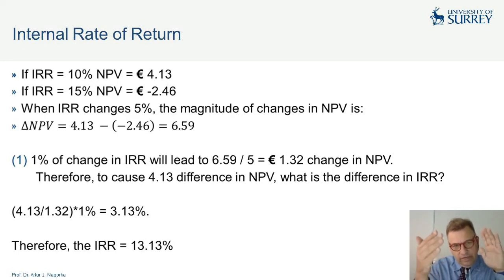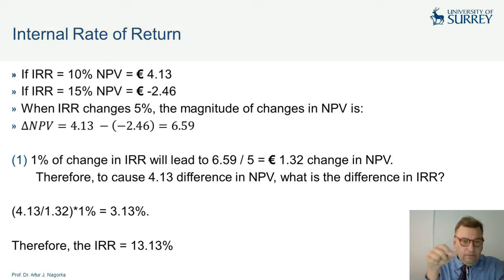So we try to bring it to 0 to find what percentage point would bring us to 0. I mean, we now try to convert euros of NPV into percentages of IRR. And we have found that 1% change in IRR brings us to a 1.32 euro change in NPV.